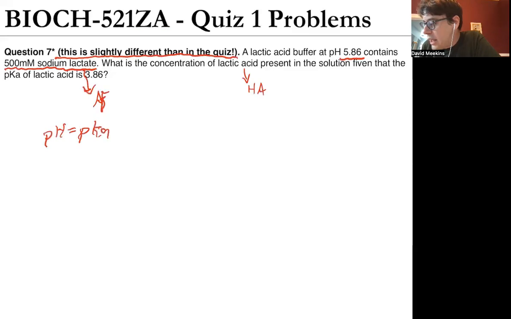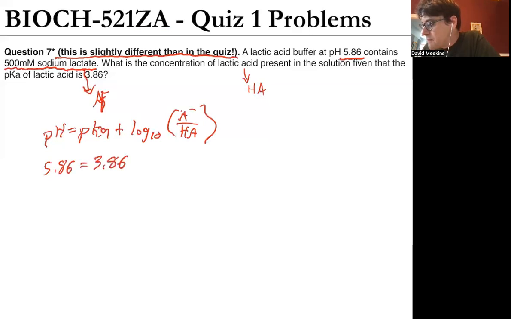For this one, you just need to know how to use the Henderson-Hasselbalch equation. pH equals pKa plus log base 10 of the conjugate base, lactate, over the acid, lactic acid. We know the pH in this problem is 5.86, and the pKa is 3.86. I made these nice round numbers.